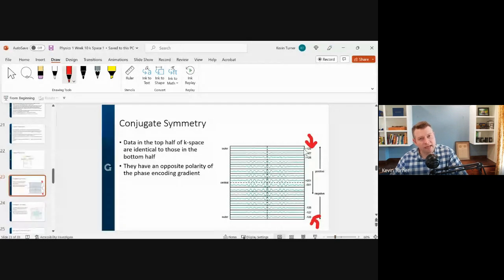It's just that one was made with the positive phase encoding gradient, and one with the negative. Echo positive 126 and negative 126 are the exact same shape, just one's positive, one's negative. So they simply have the opposite polarity of the phase encoding gradient.